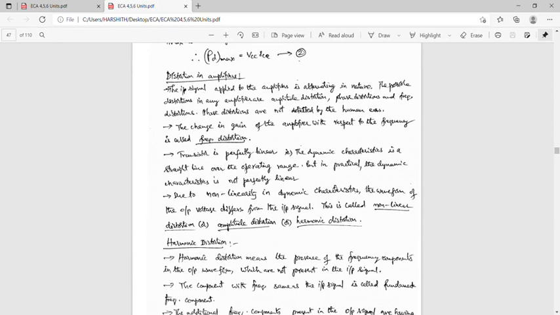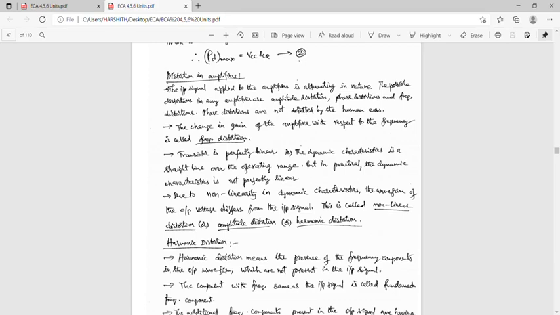So the input signal applied to the amplifier is alternating in nature. The basic features of any alternating signal are amplitude, frequency and phase. The amplifier output should be reproduced faithfully, that is, there should not be any change or distortion in the amplitude, frequency and phase of the signal.